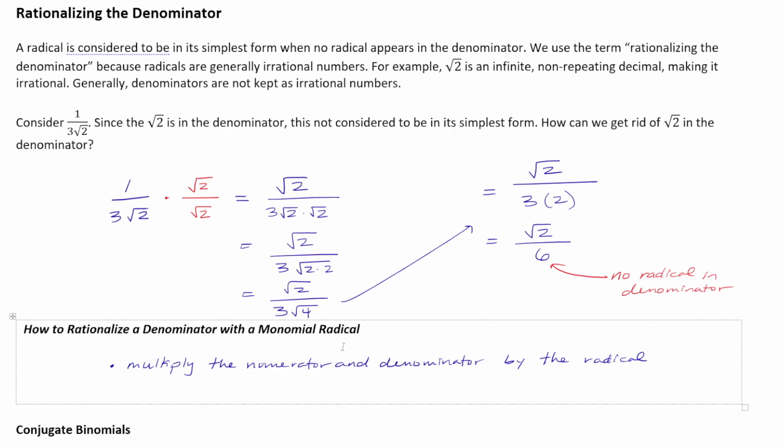The key thing here is to see that this is what's considered a monomial, because it's just one term, just 3 root 2. So how do we rationalize that? We just multiply it by the radical, numerator and denominator, and it produces a rational denominator.